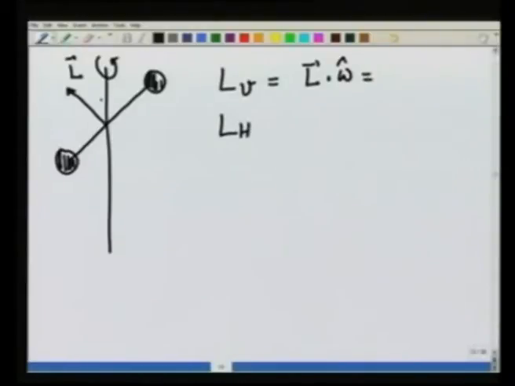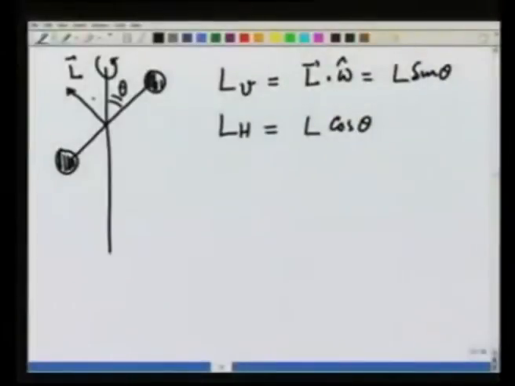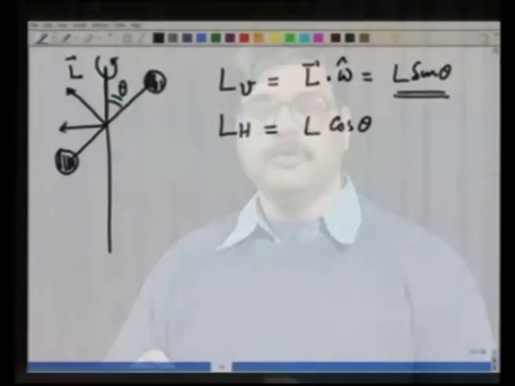If this angle is theta, this is going to be L sine theta, and this is going to be L cosine theta. As the body rotates, L is also rotating about it. Its magnitude is constant. You will see that the component along omega remains unchanged.